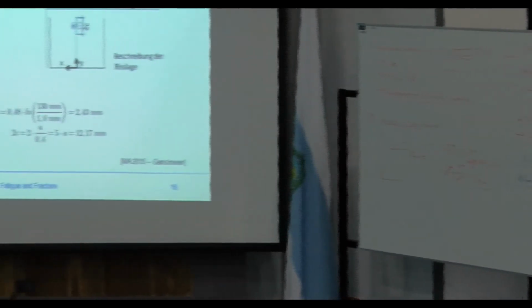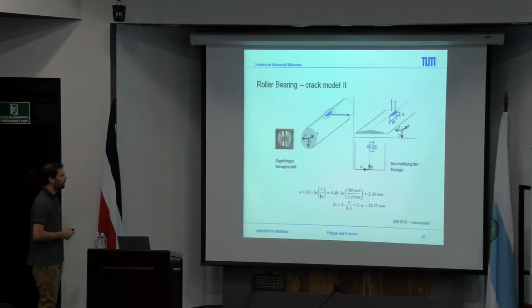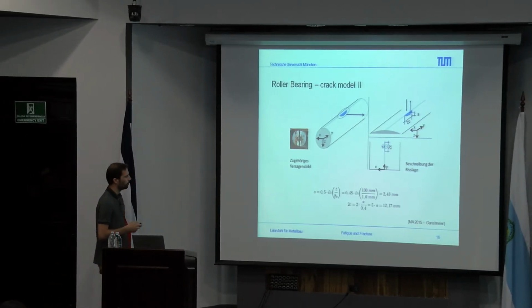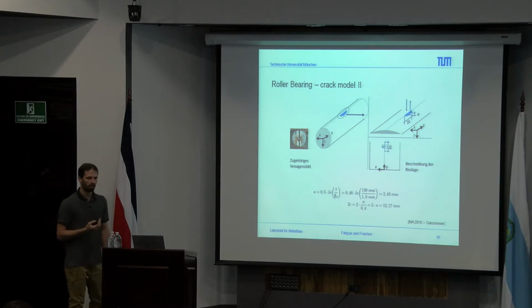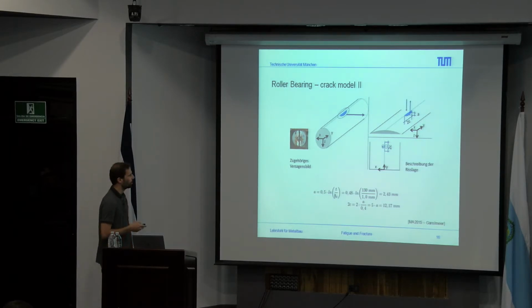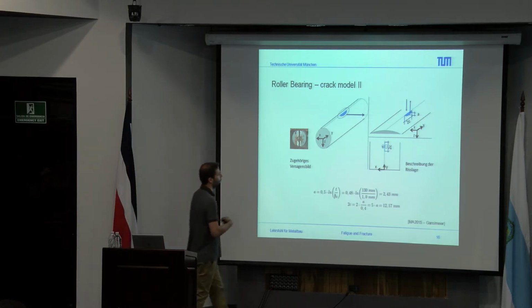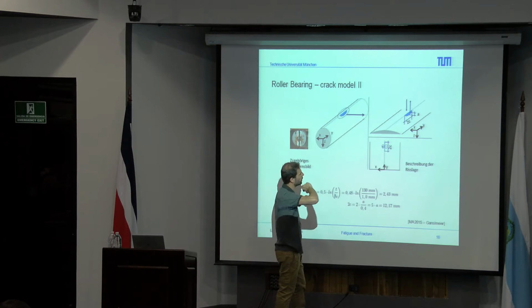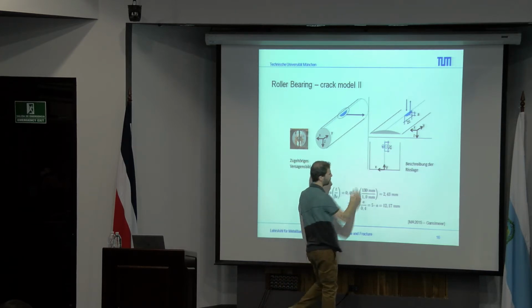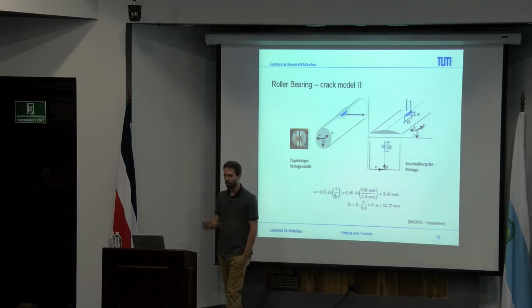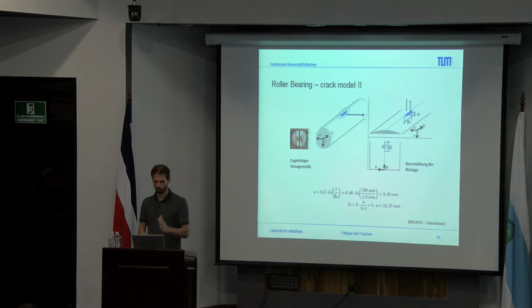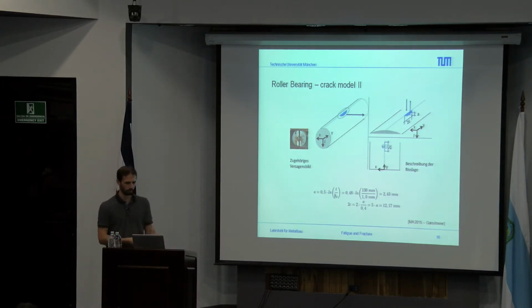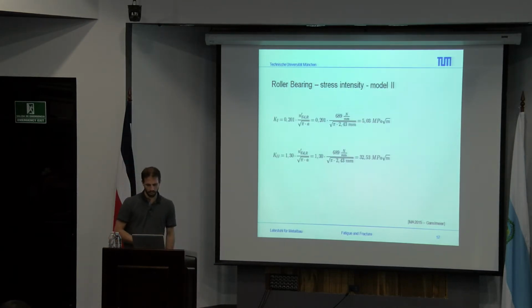So again, going to literature, we could also find a basic analytical model which could describe a crack inside the roller bearing situation, which was defined due to the tangent and the diameter.